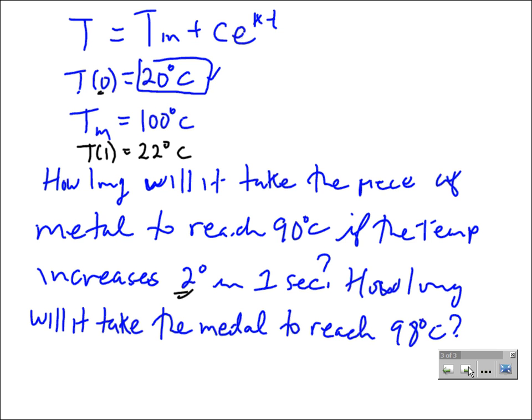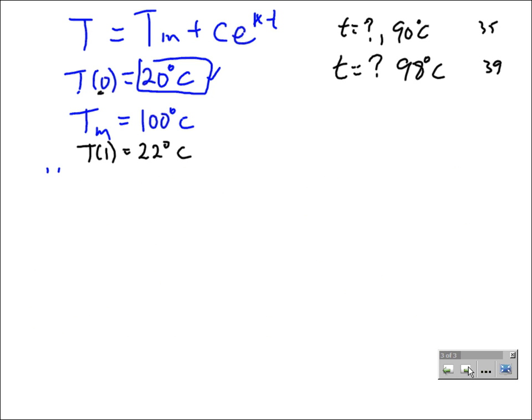Okay, so I want to know T equals what for 90 degrees, and T is equal to what for 98 degrees Celsius. And I claim it should be 35, and they go from 90 to 98, 4 more seconds. But for some reason, these numbers are going to be wrong. So I didn't have to necessarily use that one.